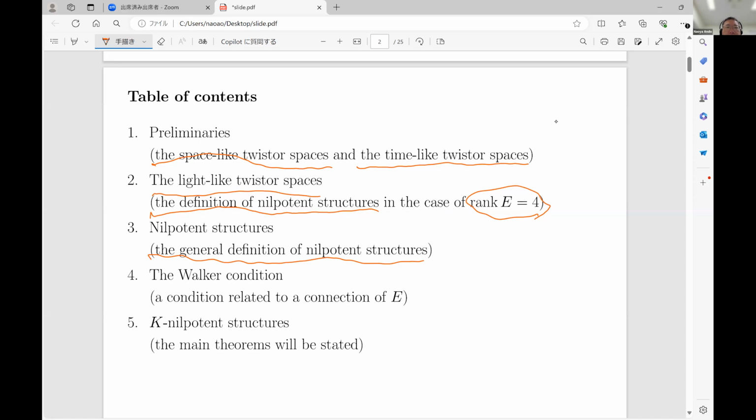This condition is related to a metric connection of the vector bundle. In section 5, I will explain K-nilpotent structures. K-nilpotent structures are special nilpotent structures, and I will explain the main theorems.